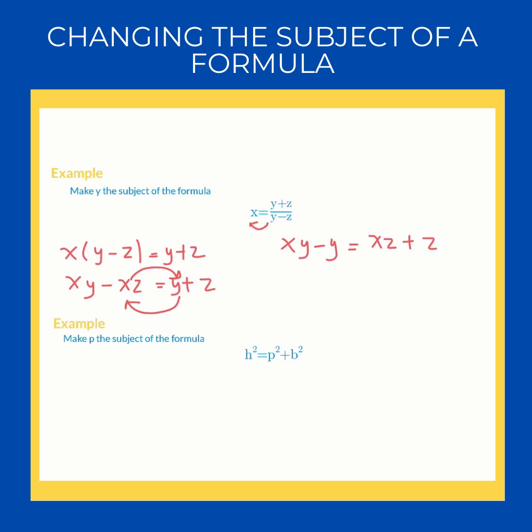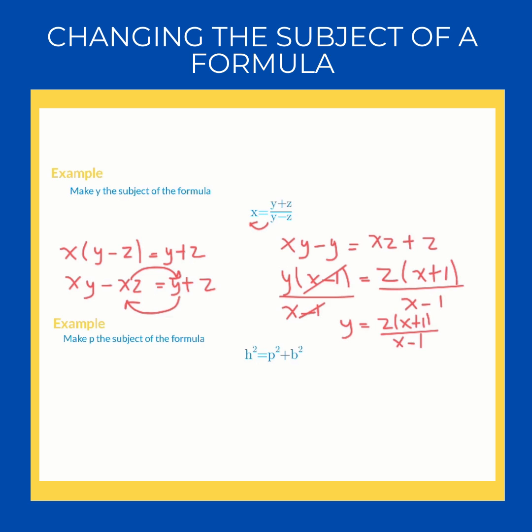Now I will take y as a common factor, so I will get y times x minus 1 equals, taking z as a common factor, z times x plus 1. So I will divide the left hand side by x minus 1 and the right hand side by x minus 1. So y becomes z times x plus 1 over x minus 1.